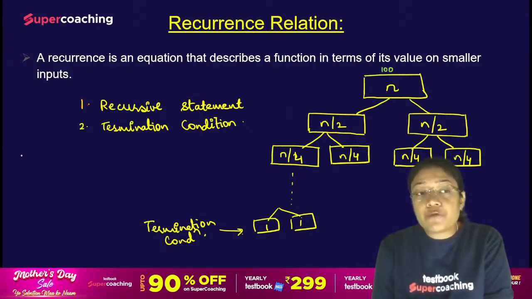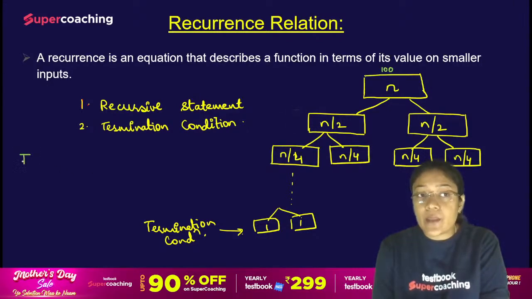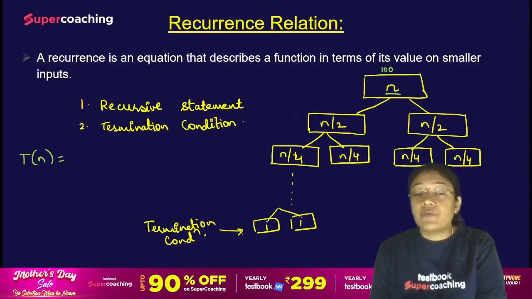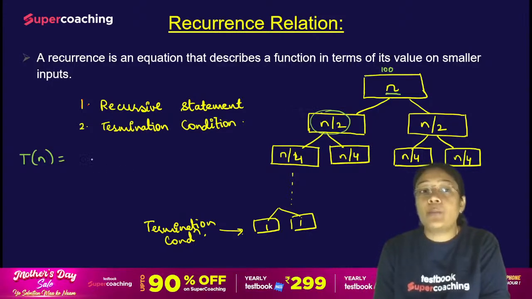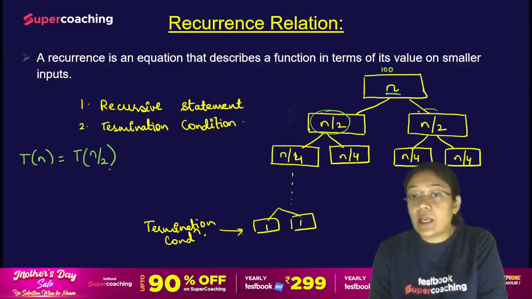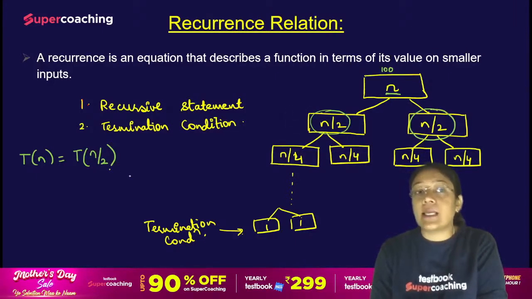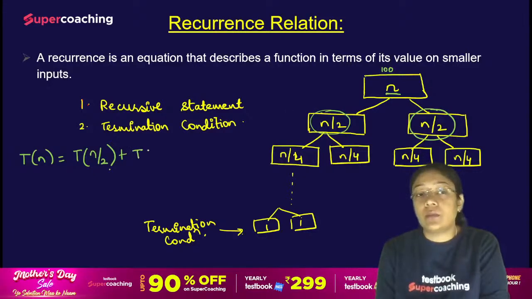So if the function name is T, I want to apply the function T on n elements. How will we get the solution? First of all, we need the solution of subproblem 1, that is T(n/2). How will we solve it? By making the same function call. Then I'll make the same call on the second part of the problem, n by 2.